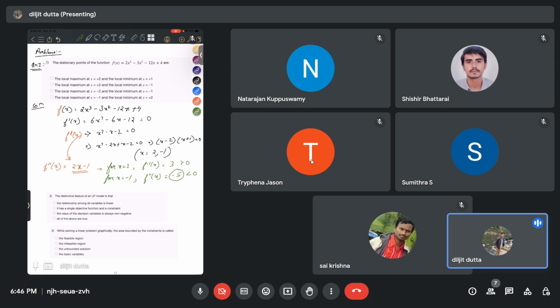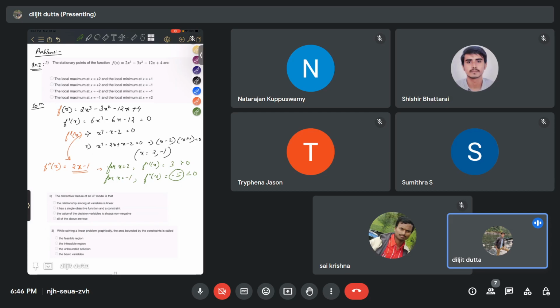So if it is greater than 0 at 2, it will be a minima.